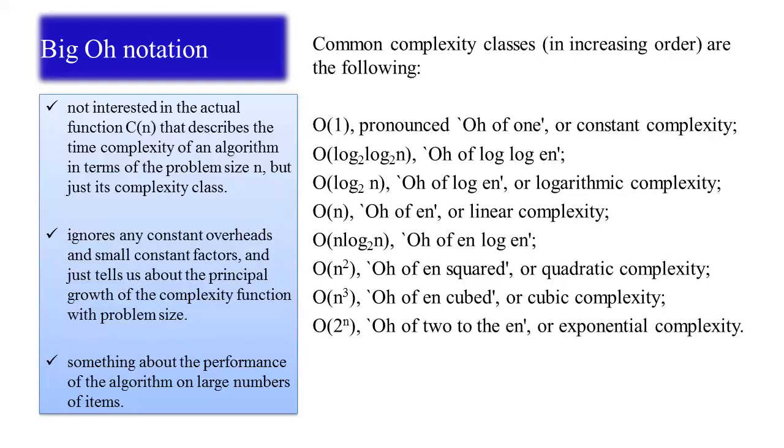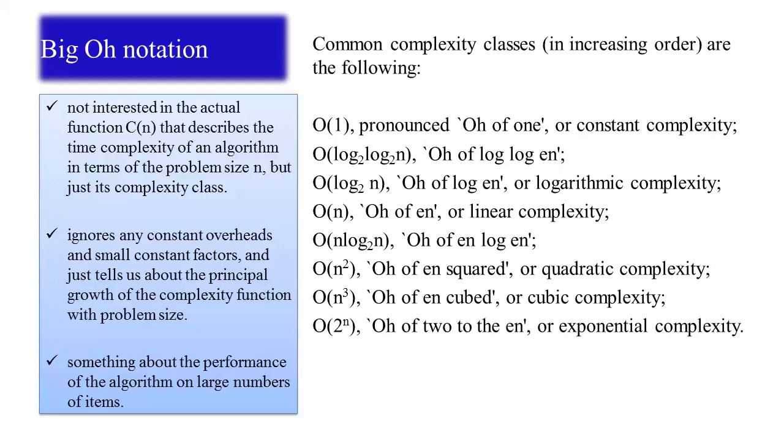We are only interested in the complexity class of the function, something like order of n power 4. We do not bother whether it is 10 into n power 4 or 20 into n power 4. We just want the complexity class, like n power 4. In this framework, we ignore any constant overheads as well as small constant factors.